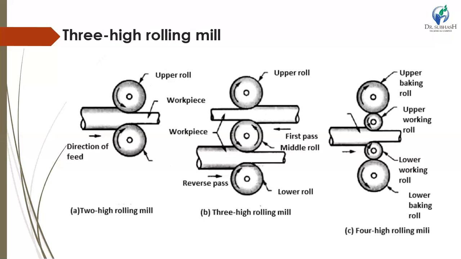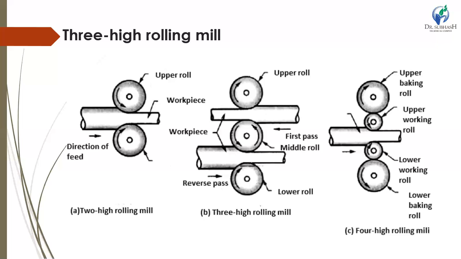The three rolls revolve continuously in the same fixed direction and they are never reversed. The workpiece feeds in one direction between the upper and middle rolls, and in the reverse direction between the middle and lower rolls.